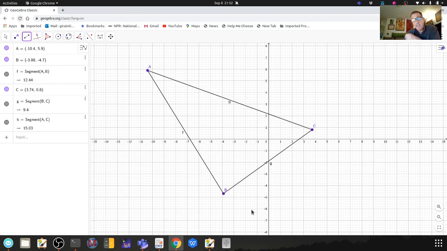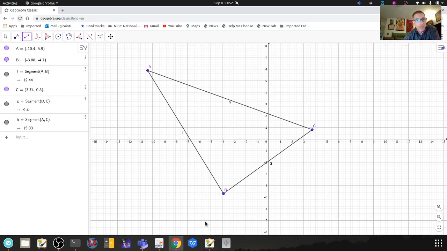Now this sure looks like a right triangle to me. If I look at it, I might take a protractor and put it on the screen, and it might very well look like that angle right there is 90 degrees. But it might be really close to 90 degrees, but not 90 degrees, like 90.00007.